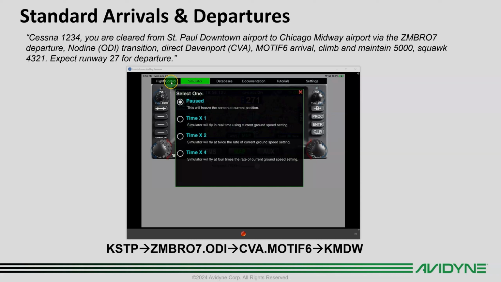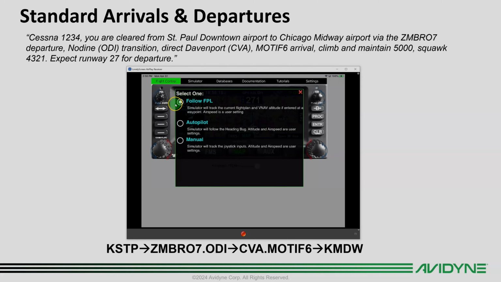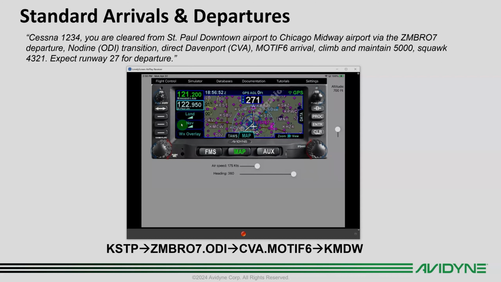Before we do, let's switch over here to flight control. This is covered in other videos, but when it's in follow flight plan mode, you can think of that as more like a nav mode, where it's just chasing the magenta line. In autopilot mode, it follows our heading bug, and we can also enter an altitude and set our airspeed. So if I go to that, while I'm still paused, let's select it. You can see now I've got an altitude slider.